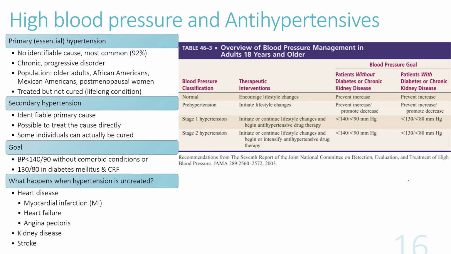Now the next few slides are on high blood pressure and antihypertensives. So you've got over here just the classifications of hypertension. And you can see here that primary hypertension mostly has no identifiable cause.